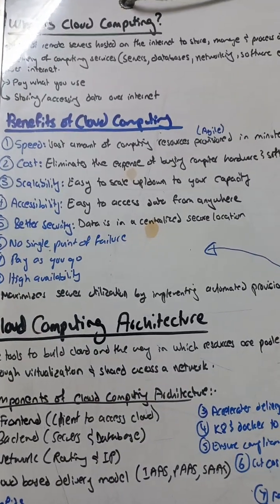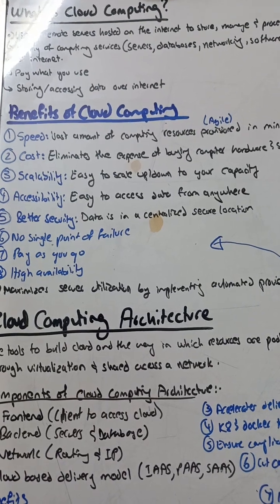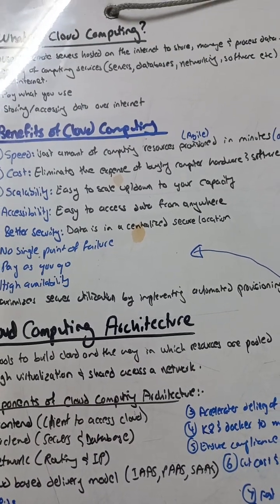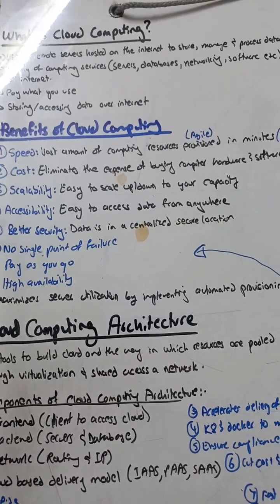The first of which is speed and agility as to how quickly you can provision your computing resources, which is under minutes. This data can be accessed over the globe, anywhere in the entire world.